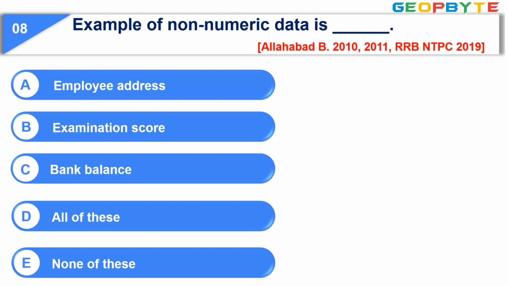Non-numeric data means data which does not contain any numeric information. So here employee address consists of only characters. When it comes to the examination score, which is a number, it means numeric data. And bank balance is a number, again it is numeric data. And the correct answer is option A, employee address.